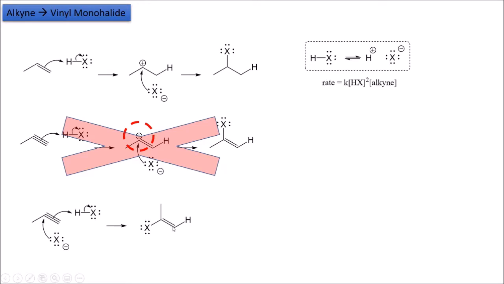But if you flood the system with halogenic acid, then you expect the alkene to continue to react with another equivalent of halogenic acid to produce the carbocation in a mechanism that is identical to what we saw alkenes do originally. So it's okay to have this carbocation because it is not part of a carbon that's making a pi bond. It's not vinylic.